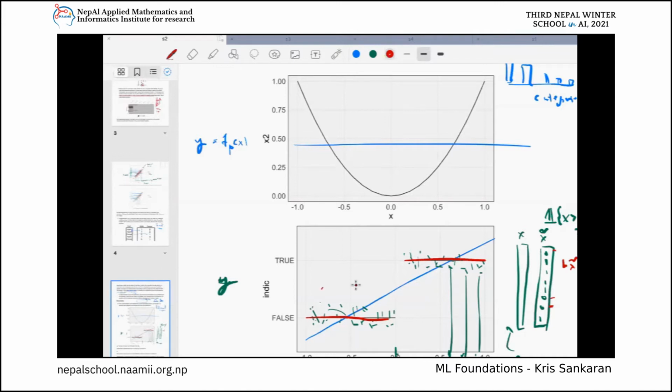Right? So this part is like b times 0 is 0. But then whenever x is larger than 0, and that's how we define the indicator function, we put a 1. So whenever it's a 1, we have b times 1, and then we get b.